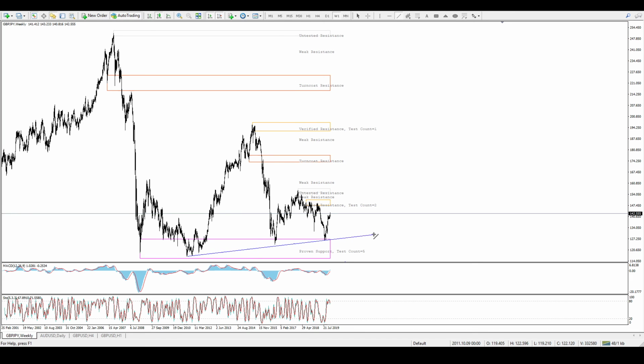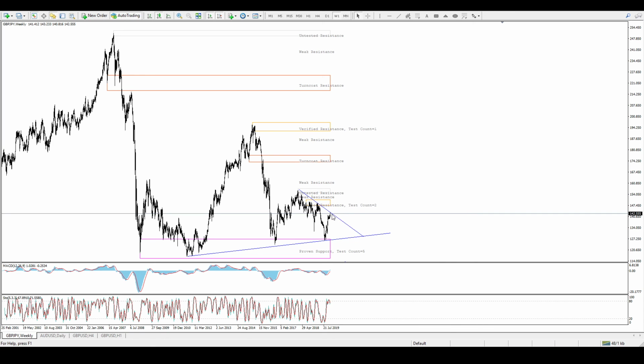From here to here, this looks good. This is an unconfirmed bullish chart. It looks like the pair is trying to get up.